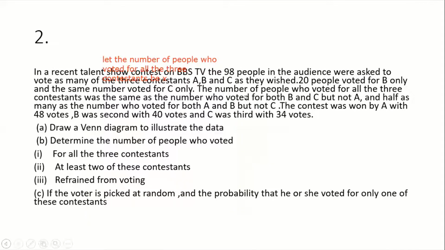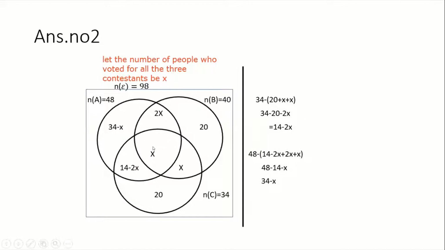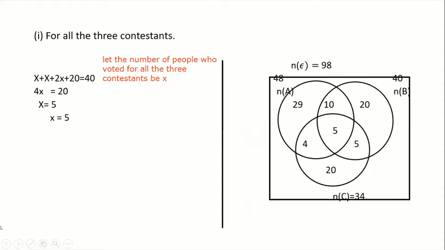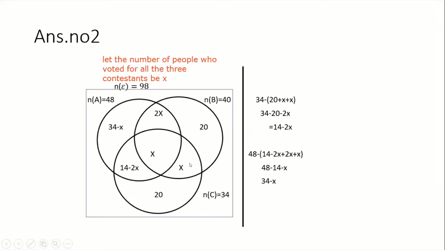So if that is equal to X, our question is telling us that the number of people who voted for all the 3 contestants was the same number of people who voted for both B and C, but not A. That is telling us that the number who voted for all the 3 is exactly the same as those who voted for B and C, but not A. That means it is in our intersection for B and C, but eliminating the A part of it.